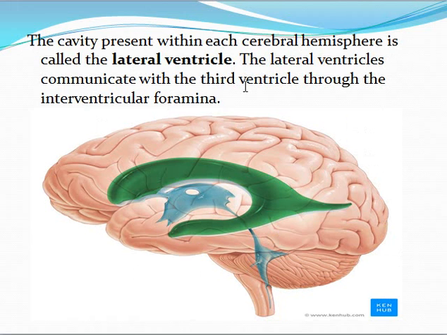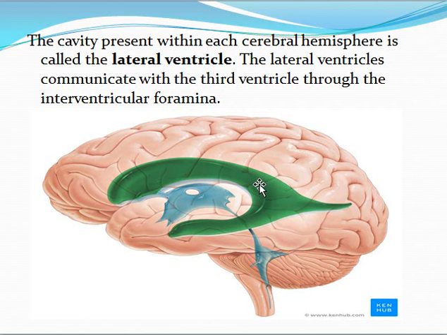The third part of the cerebrum is the cavity, named the lateral ventricle. The lateral ventricle communicates with the third ventricle. The lateral ventricle is composed of the body, located within the parietal lobe of the brain, the anterior horn located within the frontal lobe, the posterior horn in the occipital lobe, and the inferior horn in the temporal lobe.